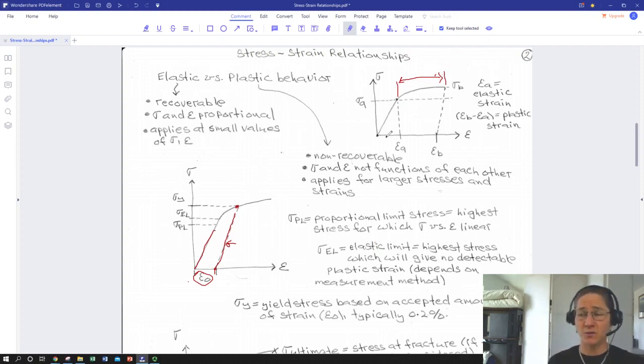So 0.2% versus 50%. The elastic regime is tiny. In fact, when you see some of these stress-strain plots for engineered materials, you won't even see the elastic regime. It'll look something more like that. And then failure is usually denoted by a little X at the end.